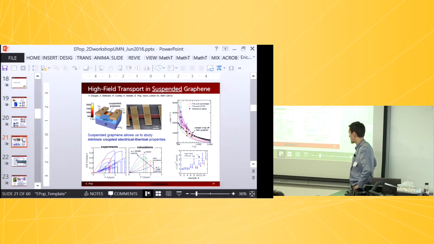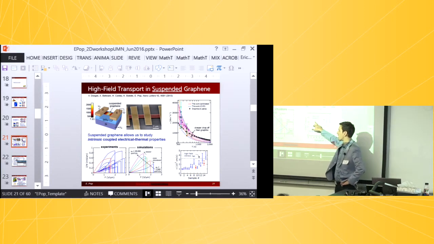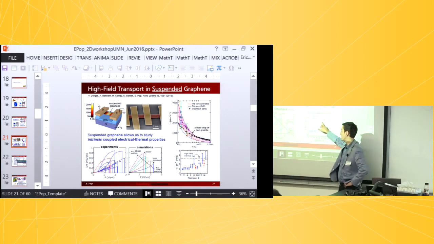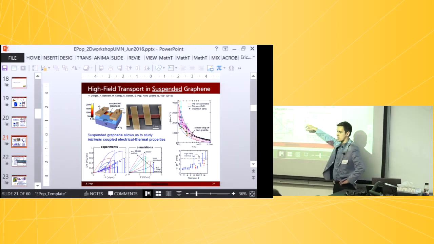So the question was, how does the drift velocity estimated here from suspended measurements match up with the theory, right? And is it truly limited by which phonons? The dashed line right here is the calculation based on the intrinsic optical phonons in graphene. So this is about 3 × 10⁷, right?